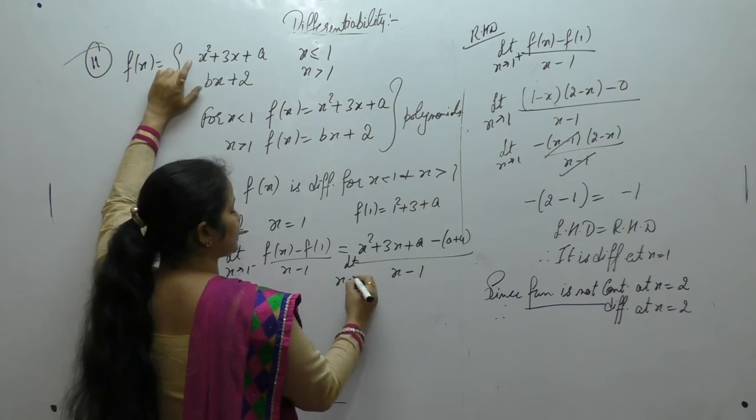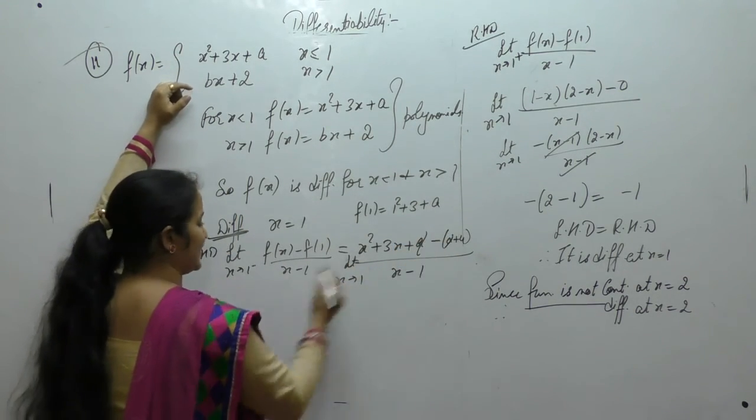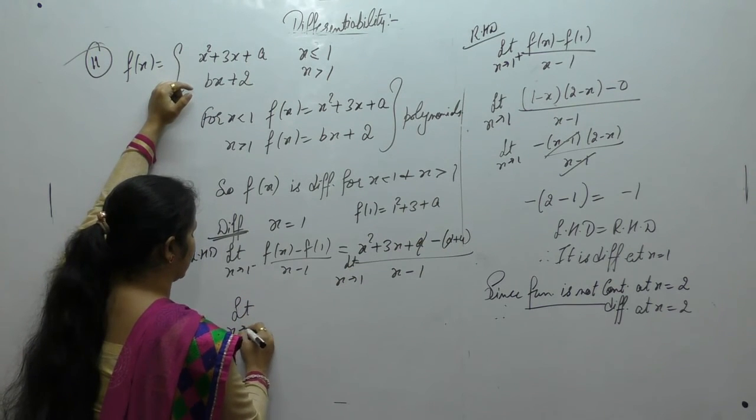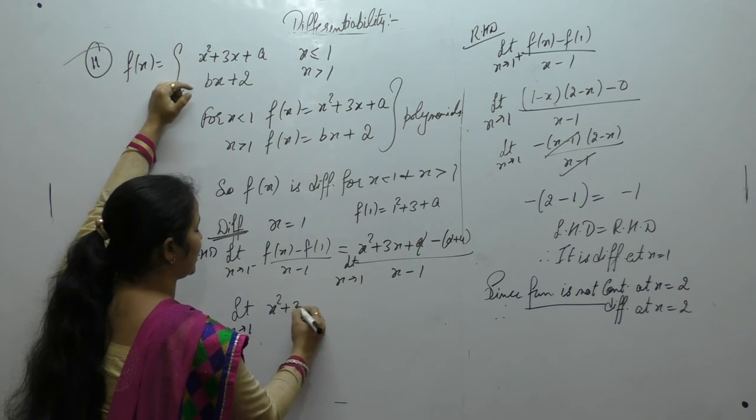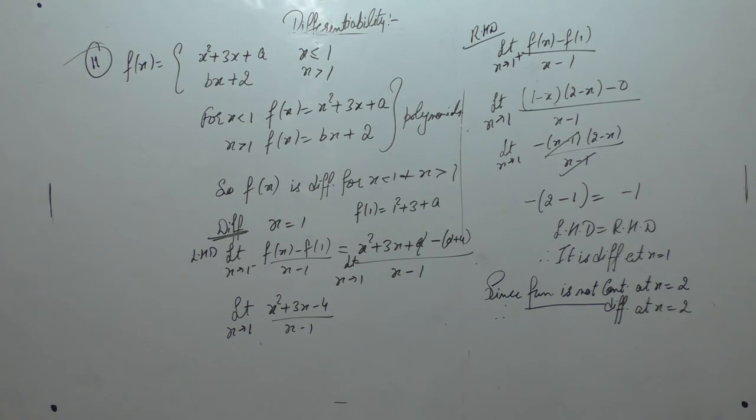Limit x tends to 1. So what we get? a will get cancelled. Limit x tends to 1, x square plus 3x minus 4 upon x minus 1.